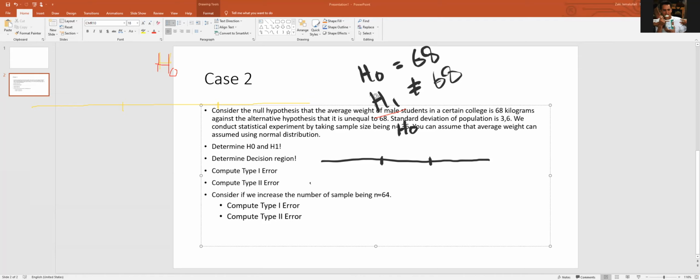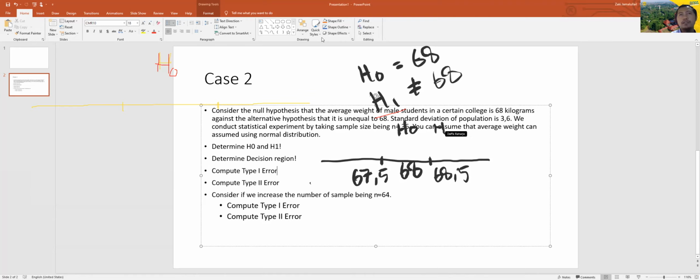So we put 68 in the middle, and then the rest is just the... Is it like this, sir?